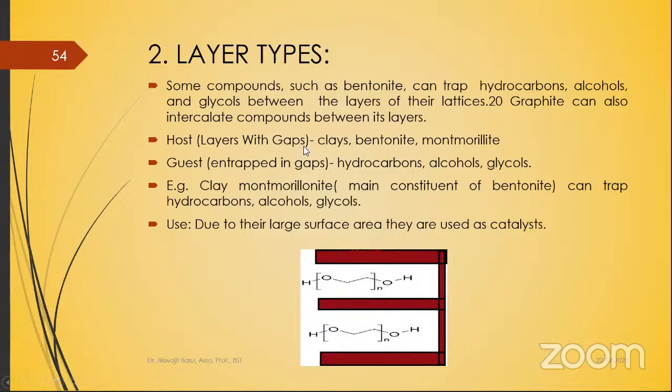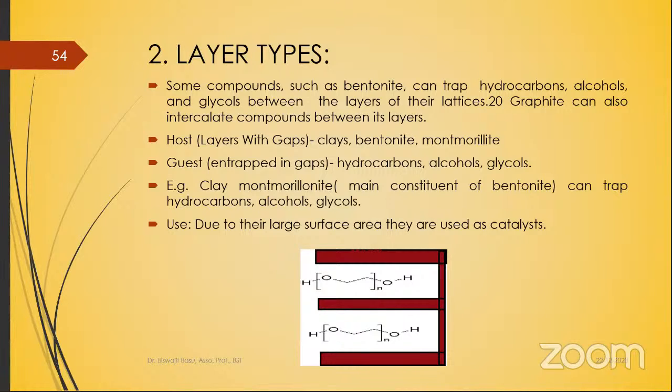This bentonite or clay can entrap hydrocarbon. Here bentonite or montmorillonite or clay acts as host, and the guest molecule is hydrocarbon, alcohol or glycol. They can entrap these and form alternate monomolecular layers of guest and host.